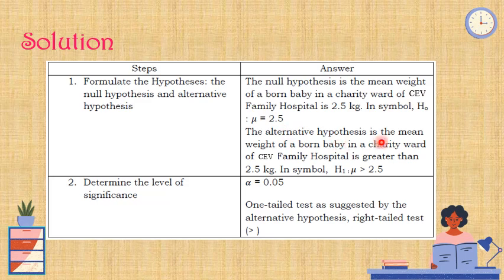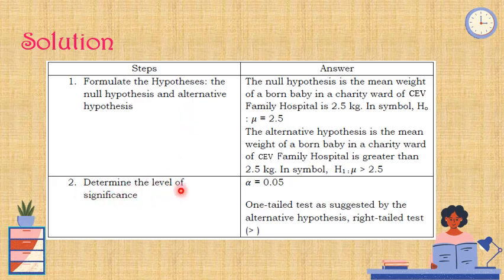The alternative hypothesis is the mean weight of a baby born in a charity ward of CEV Family Hospital, which is greater than 2.5 kilograms. In symbol, yung ating HA or H sub 1, mu is greater than 2.5. So that is step 1.